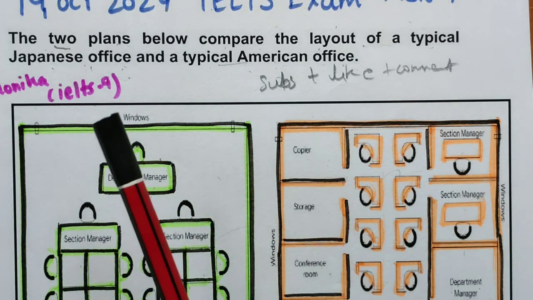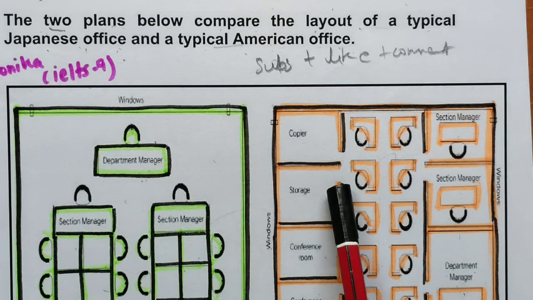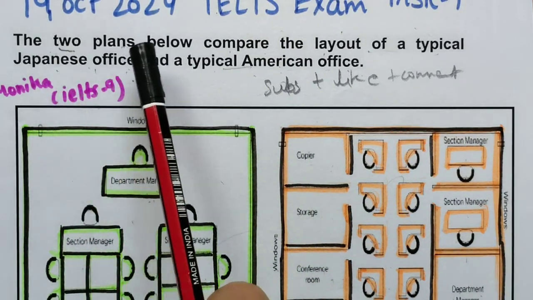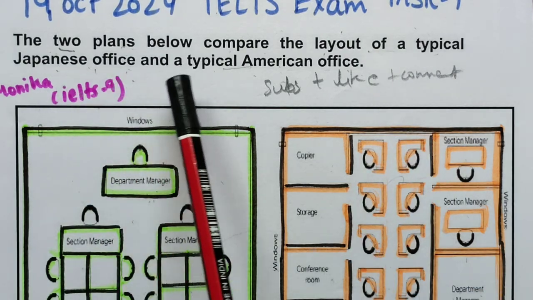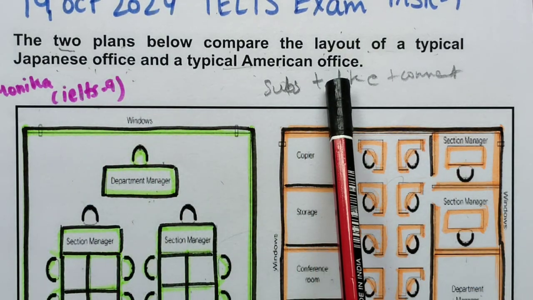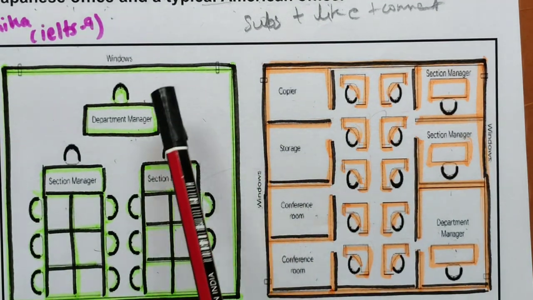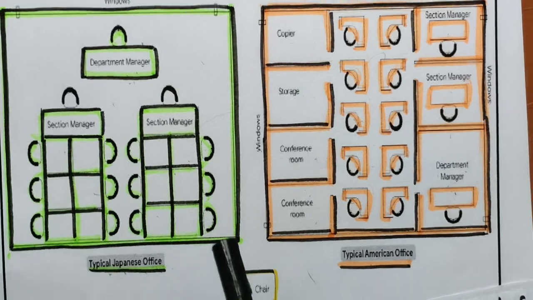So first we have the question statement, and there are two diagrams I can see. So let's read the question statement. The two plans below compare the layout of a typical Japanese office and a typical American office. Okay, the two plans. So there are two plans I can see. One is for Japan, this is for a typical American office.